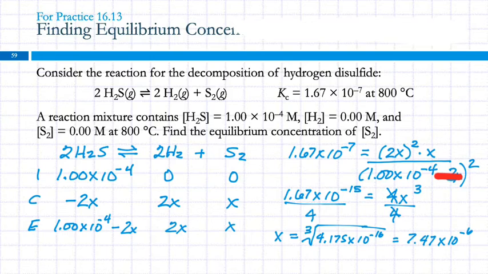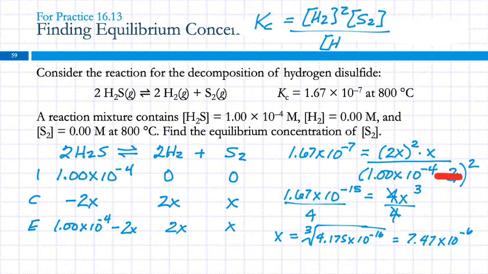So if we just write the expression, Kc is equal to [H2] squared [S2] divided by [H2S] squared. Any questions about how I got x to be that?